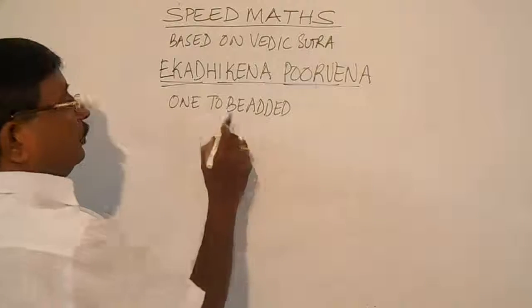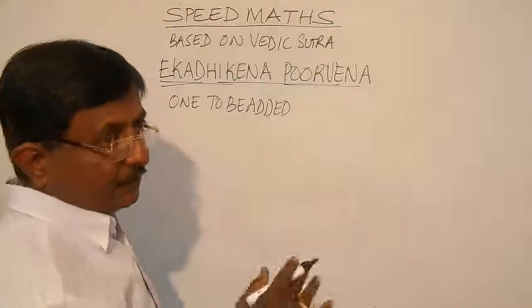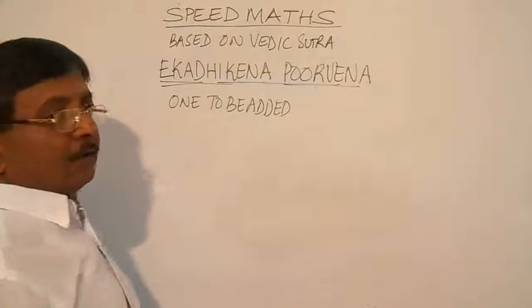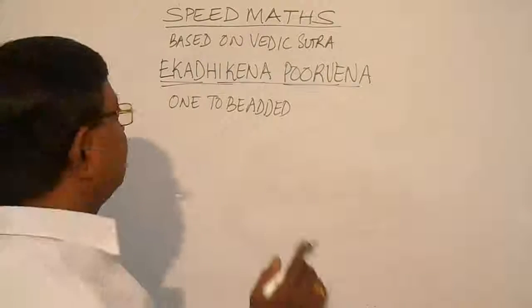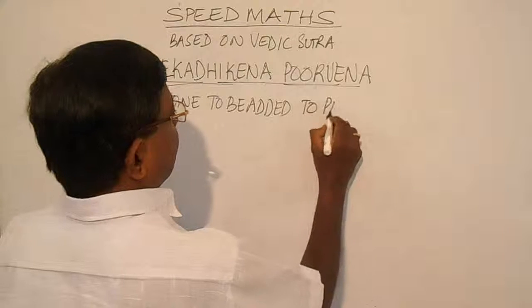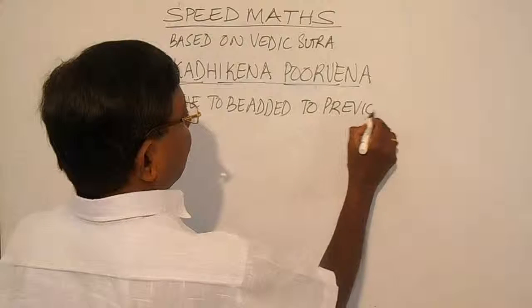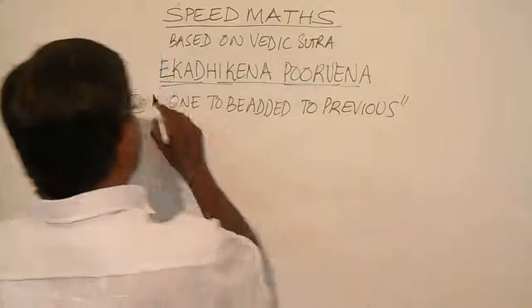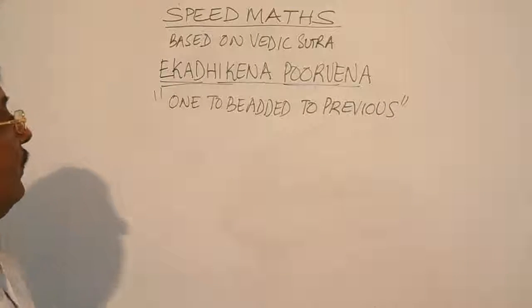So 1 to be added to the previous digit, or 1 is more than the prior number. So 1 to be added to the previous. That is the literal meaning of Ekadikena Purvena.